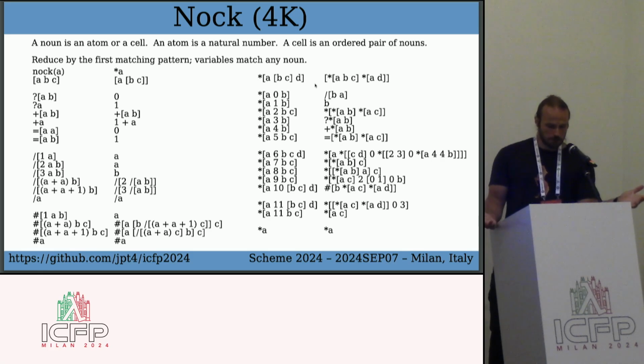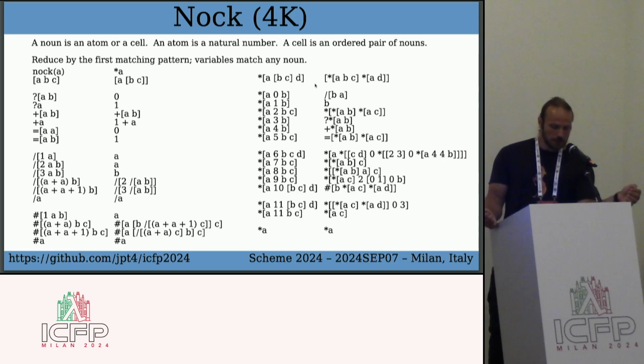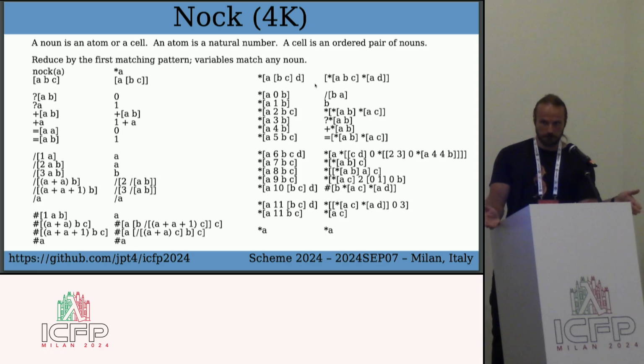And there's no indication that any of this is enclosed within the other, reduced by the first matching pattern. Perhaps we're able to simply write a question mark AB or a star expression. So if you want to expose the internal syntax as part of your interpreter, that is the first choice point that you have to make.